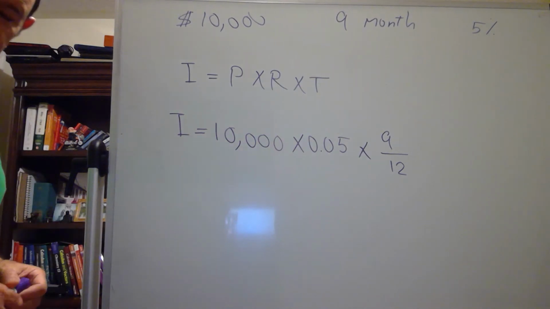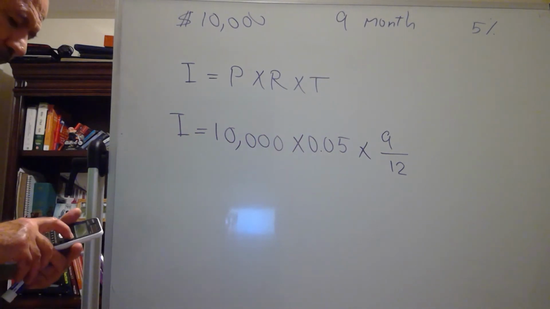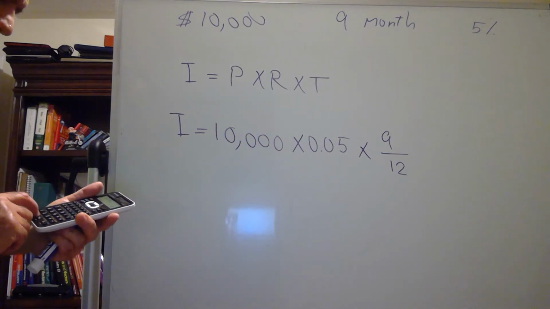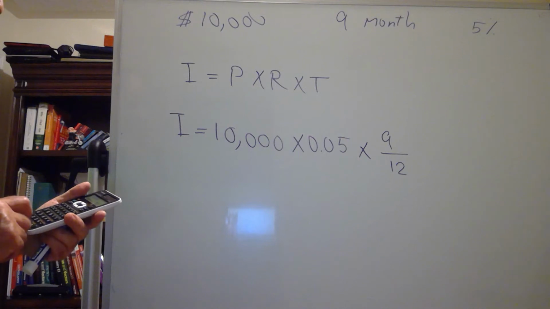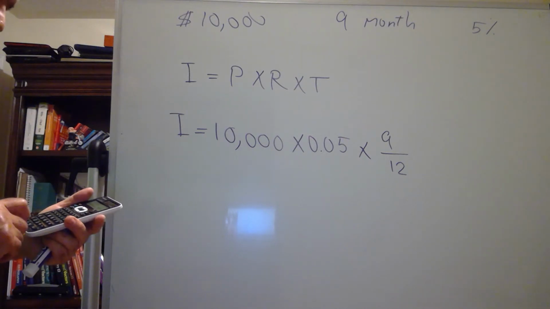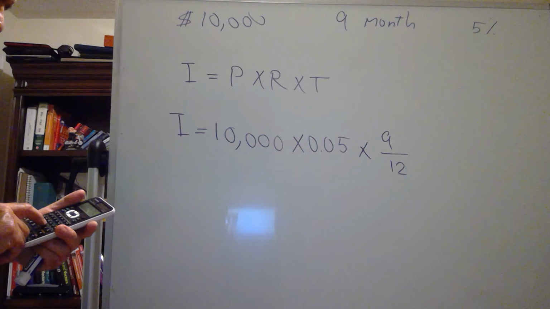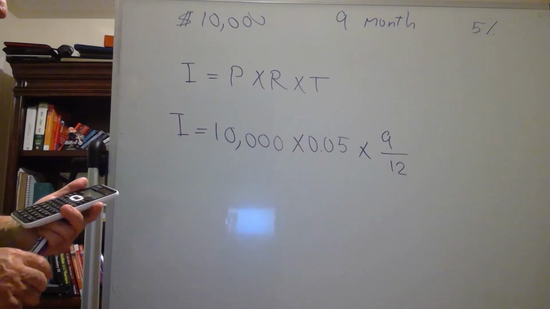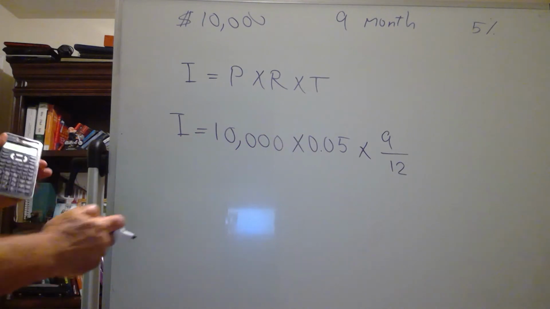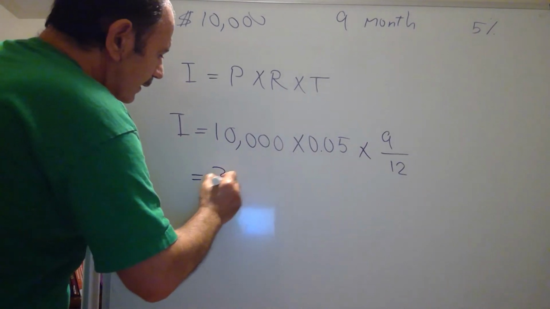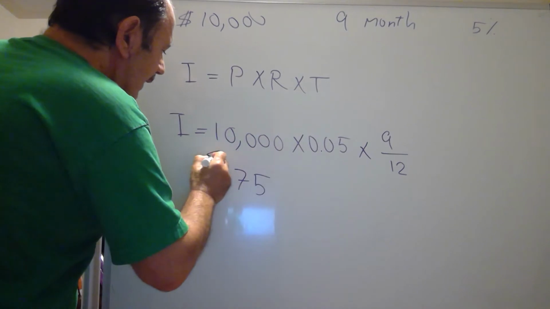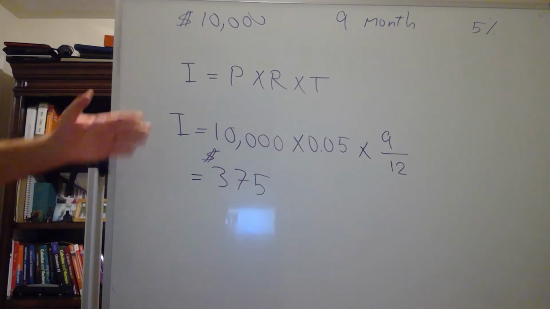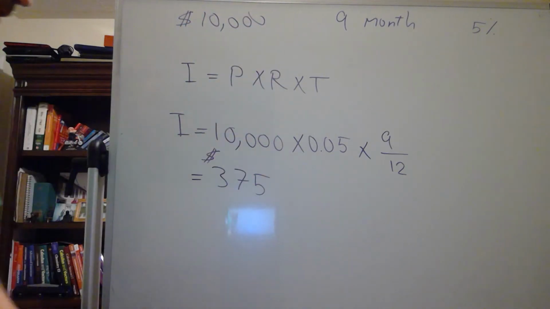If we calculate this, 10,000 multiplied by 0.05, which is the percent in decimal format, multiplied by 9 and divided by 12, then it's going to be $375. $375 is the amount of interest that I should pay at the end of the 9 months, or end of the period.